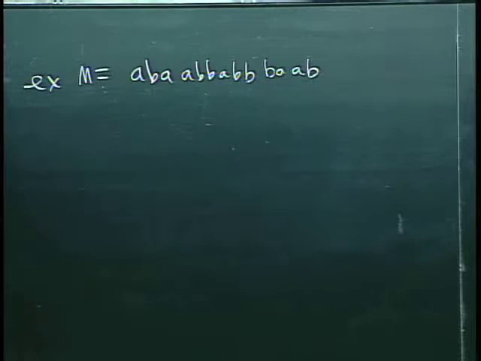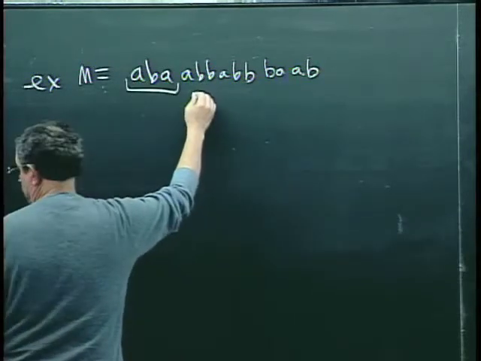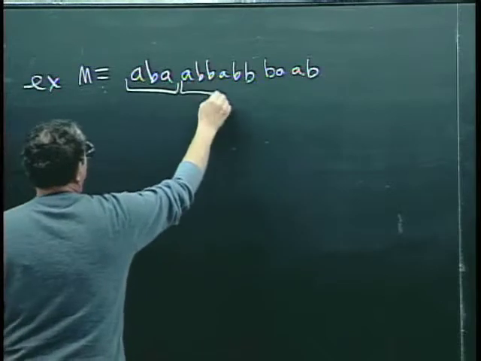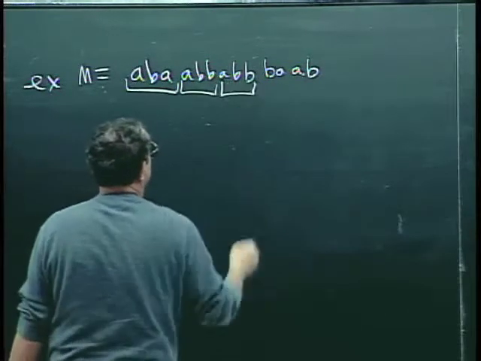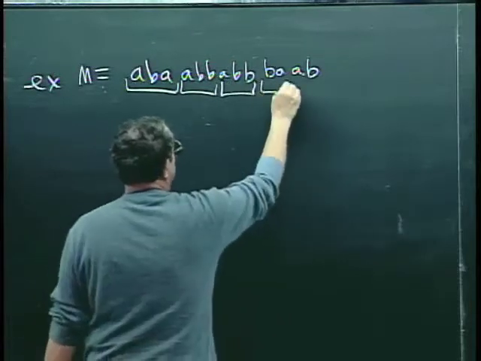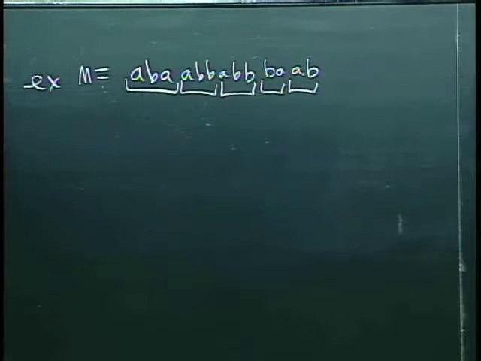That message can be made from this code because it concatenates code words together. ABA is a code word, ABB is a code word, ABB is a code word, BAAB.